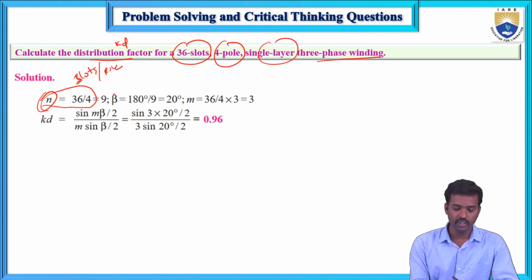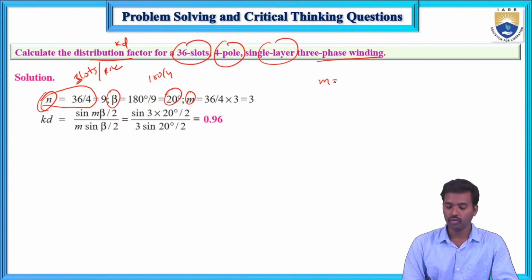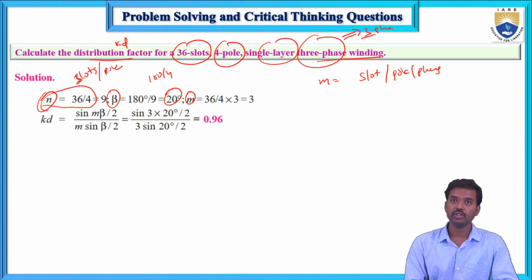Beta equals 180 divided by N, that is 180 by 9, which equals 20. M equals slots per pole per phase. The number of phases here is 3.